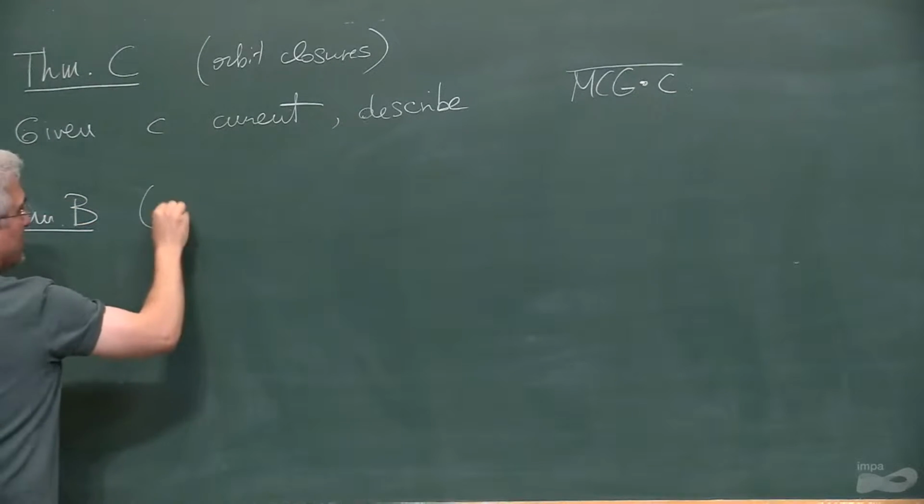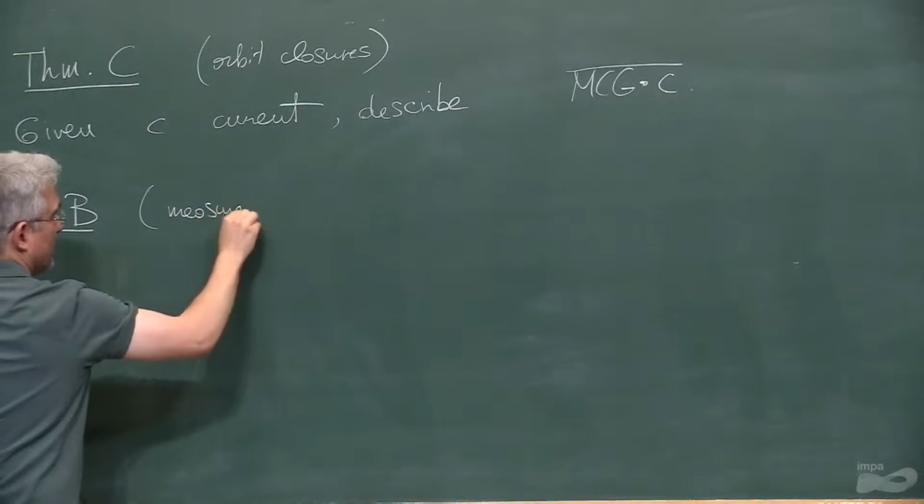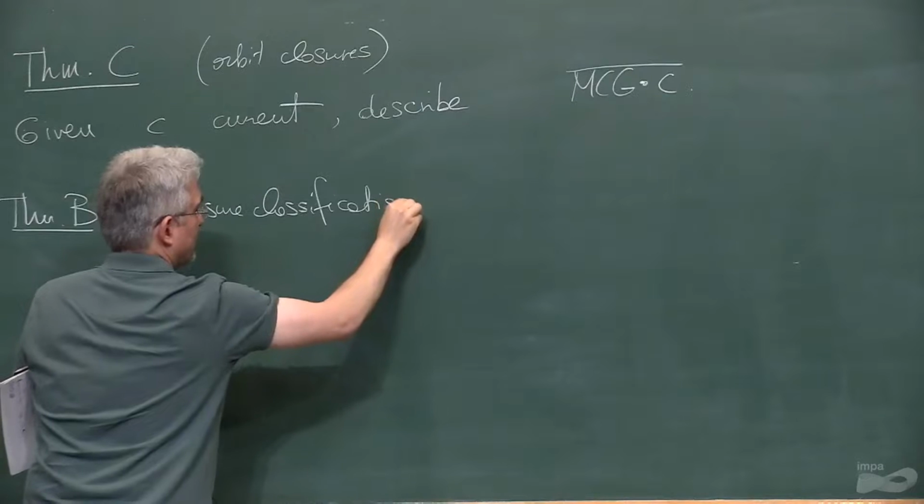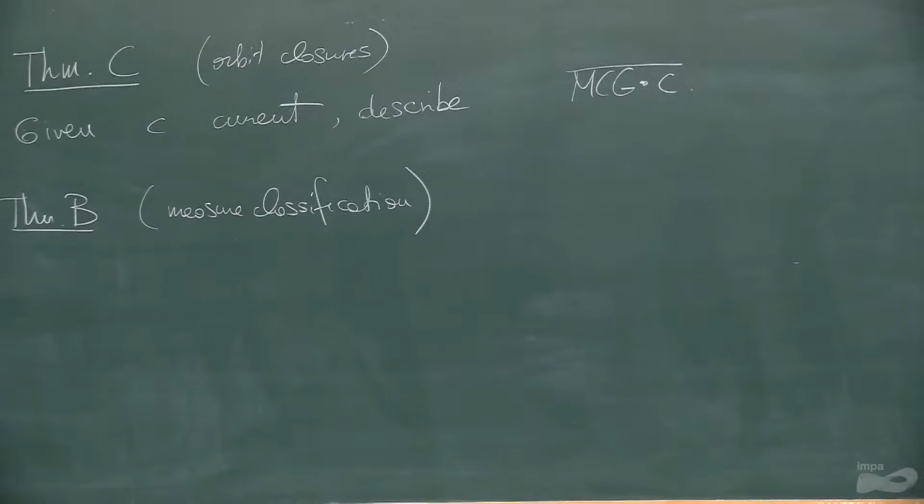So B is a measure classification theorem. Then I will give, of course, a motivation why this is needed.